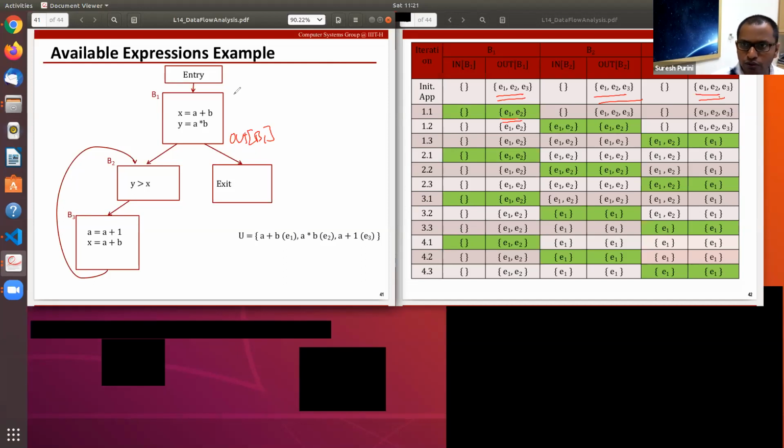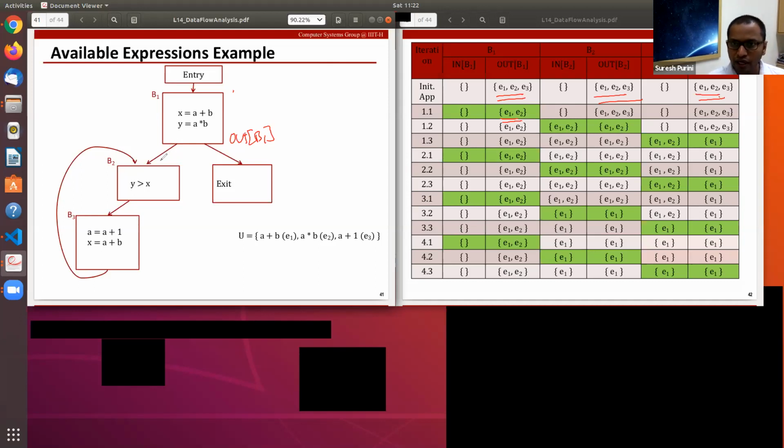Let's stick to this, and then when we consider basic block B2, in of B2 is equal to out of B1.